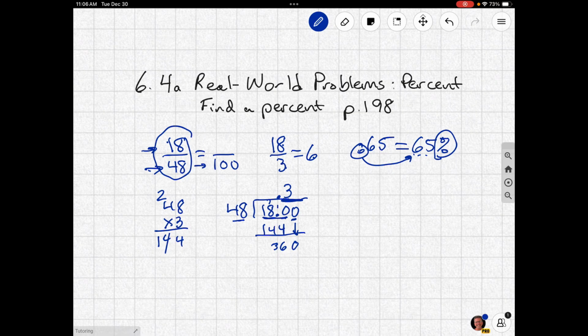And again, let's see. 48 times 4 is going to be close to 200. So times 6 is going to be close to 300. And so 7 times would be close to 350. I think it's going to go in 7 times. So we're going to do 48 times 7. 8 times 7 is 56. 4 times 7 is 28, plus 5 is 33.